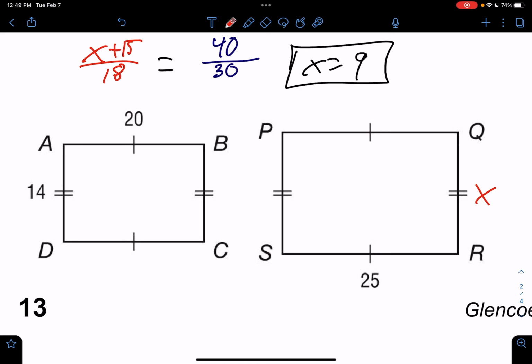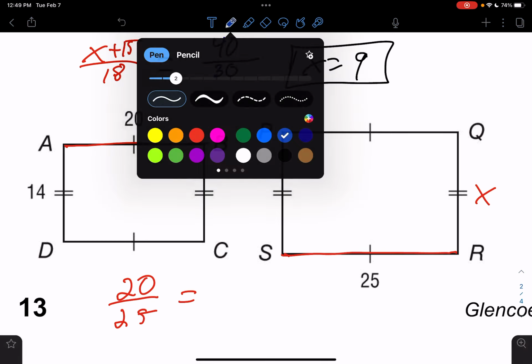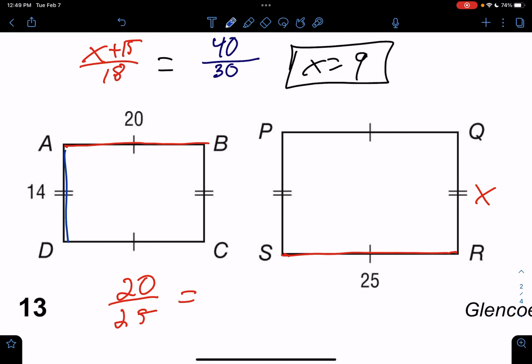So we're going to establish something here. We're going to say 1 mark is 20. Okay. And this is going to be similar to the 1 mark over here, which is 25. So I will have to say, well, 20 is to 25 just as 14 is to x.